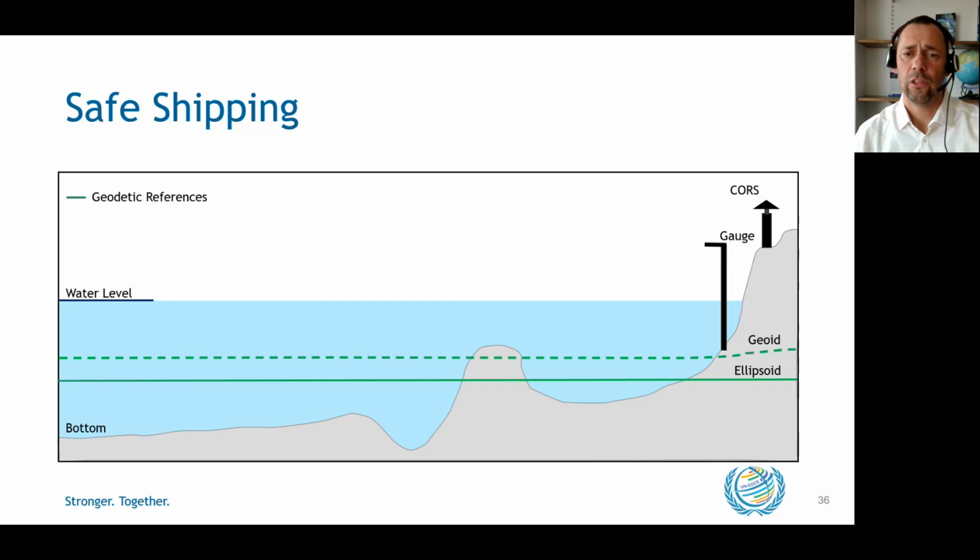For answering this question, one has to consider different aspects. We start with a figure where we display just some sea with its bottom. We add the reference surfaces we learned about, the ellipsoid and the geoid.